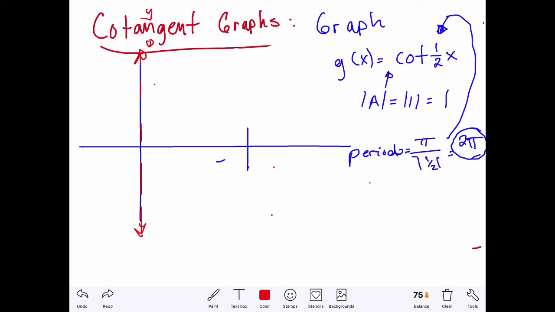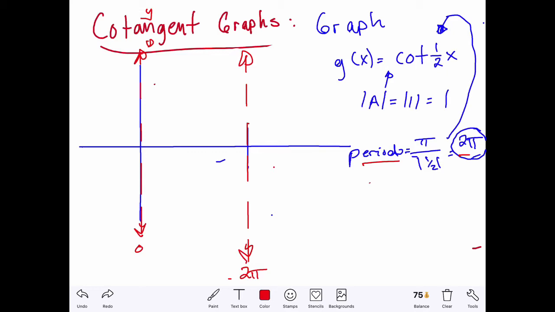And, of course, I'm going to have an asymptote at the end of my period. So these are going to be defined just like our tangent graphs by these asymptotes. And our period is, well, if we started at 0 and we have a period length of 2 pi, then it should be here at 2 pi.